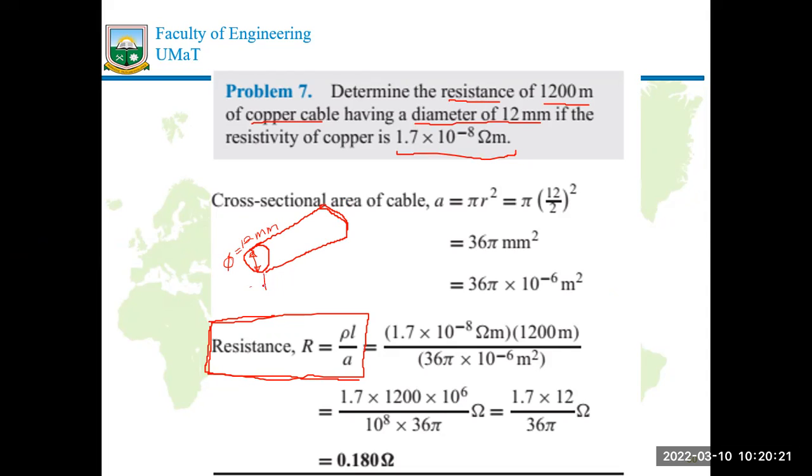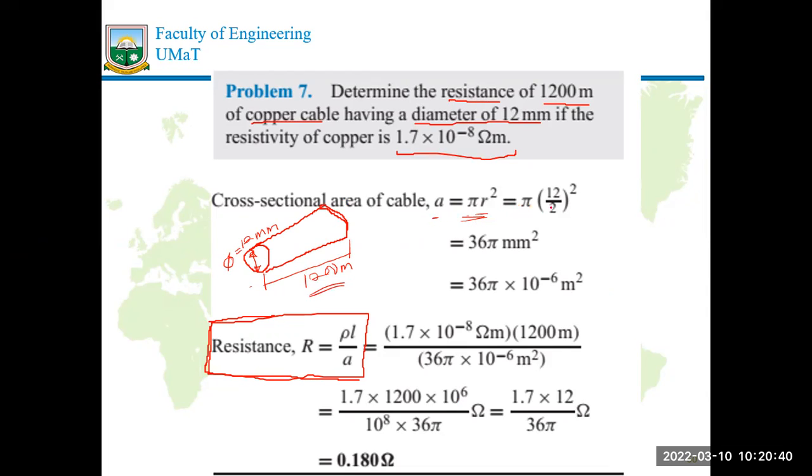And the length of that copper material has also been given as 1,200 meters. So in order for us to do this calculation, we need to compute the area, and we are using pi r squared for the cross-sectional area of the cable.